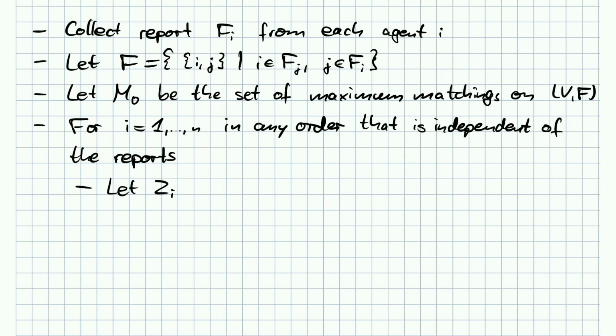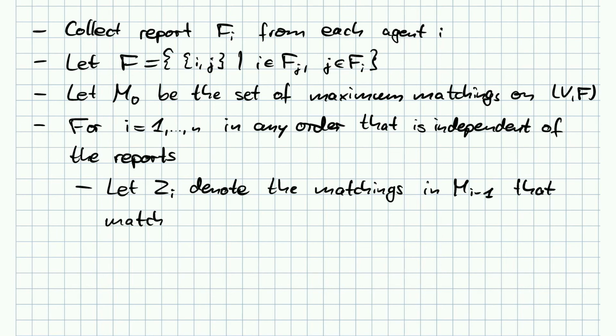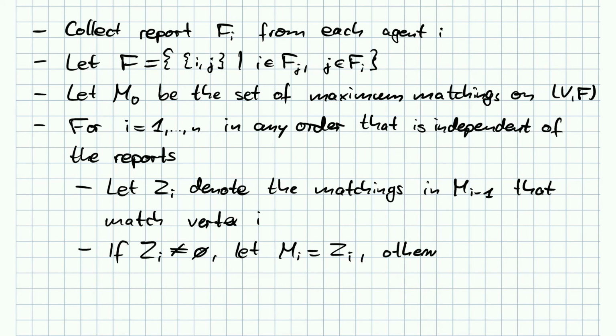We now let Zi denote the matchings in Mi-1 that match vertex i, and if there are such matchings, we let Mi be equal to Zi, otherwise Mi will be equal to Mi-1.